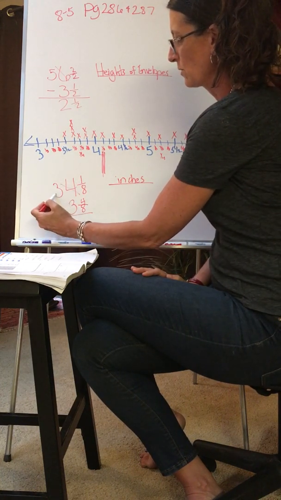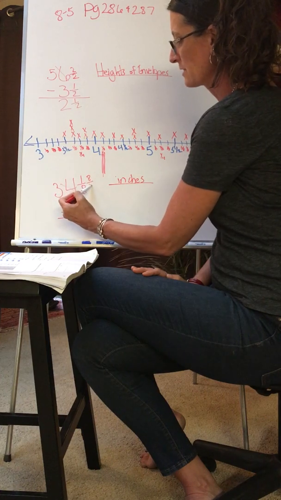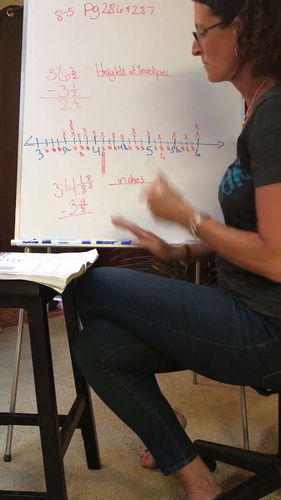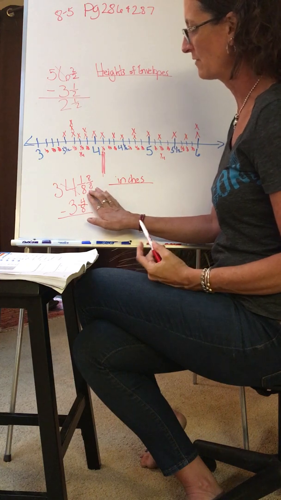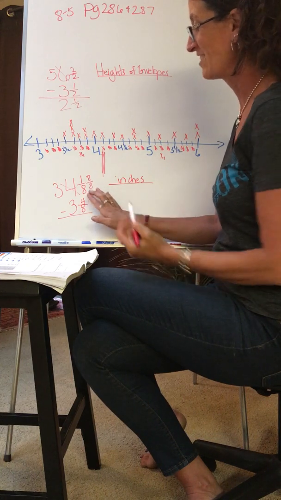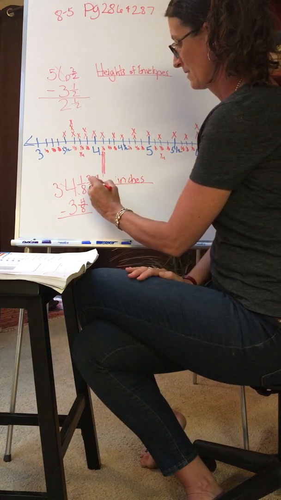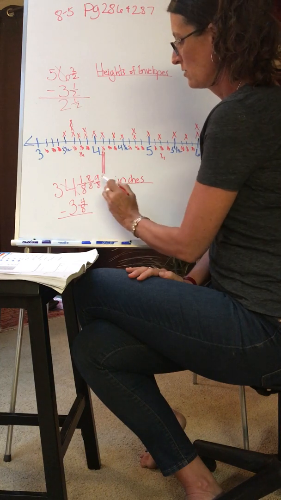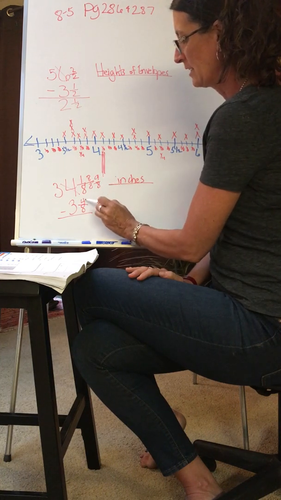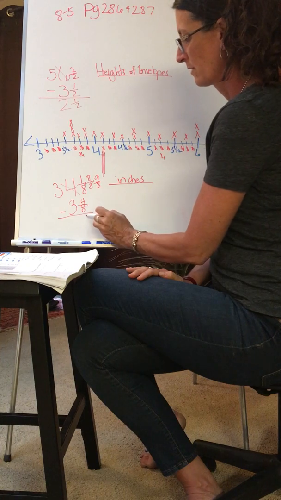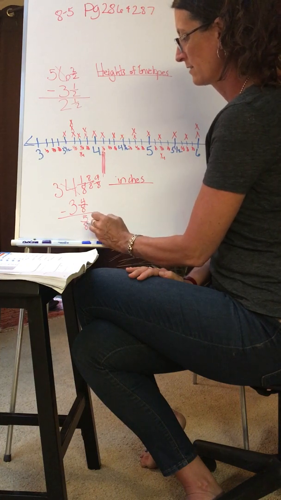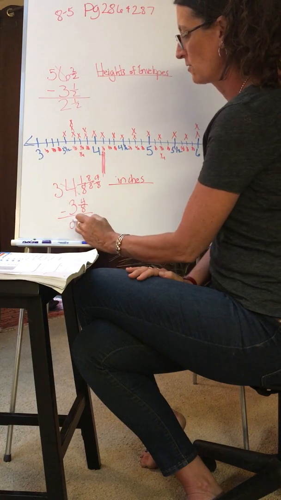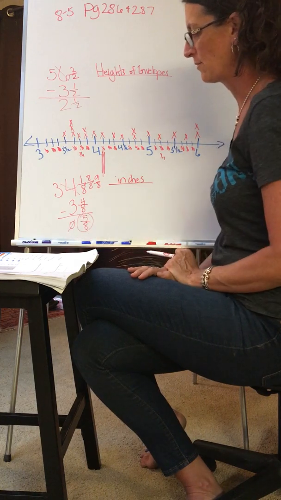So that's going to be 3, and I'm going to give this 1/8 8/8 more. So now up here, I don't have 1/8 anymore. I have 9/8. So 9/8 minus 4/8 is 5/8. 3 minus 3 is 0. So what's the difference? It's 5/8.